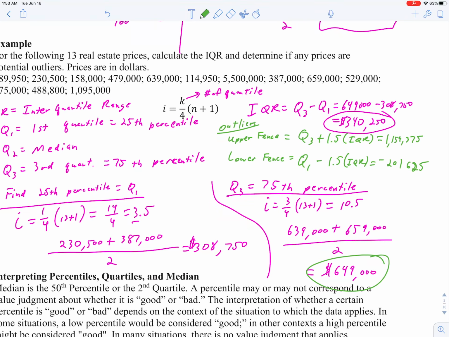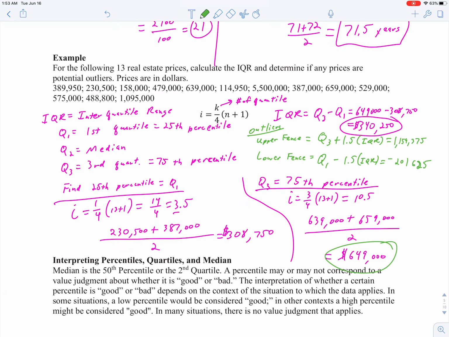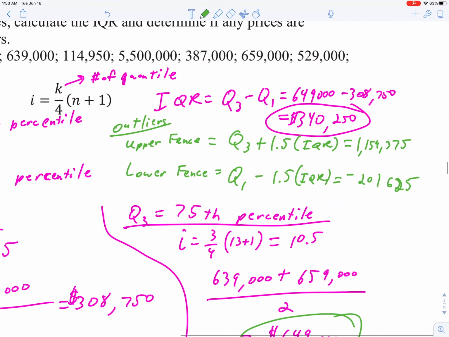Okay, so these are fences, upper fence and lower fence. Think about it in the real world, fences keep things out. Any numbers bigger than the upper fence or lower than the lower fence are called outliers.